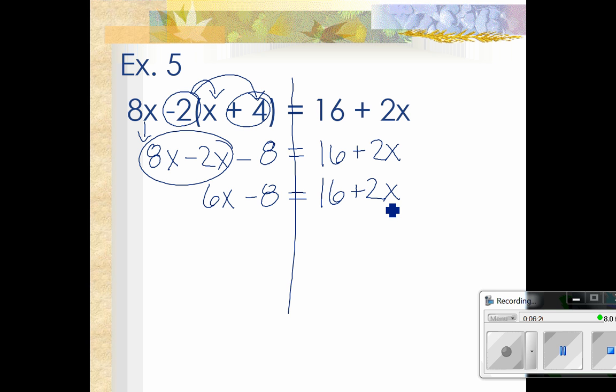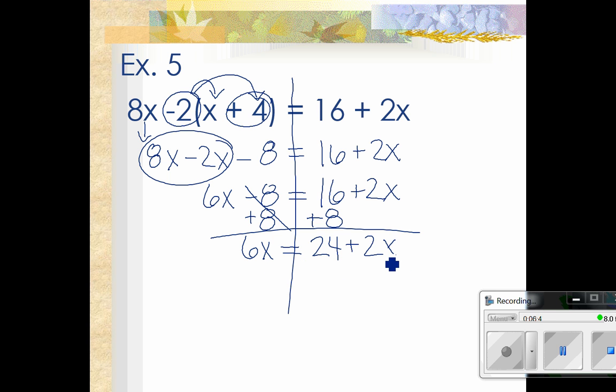I'm going to start on the first side, and I'm going to add 8 to both sides. So 6x equals 24 plus 2x. I'm going to look at the second side and see who has a friend that can move to the first side, and that's going to be the 2x.